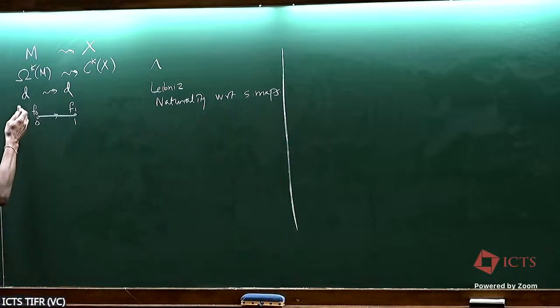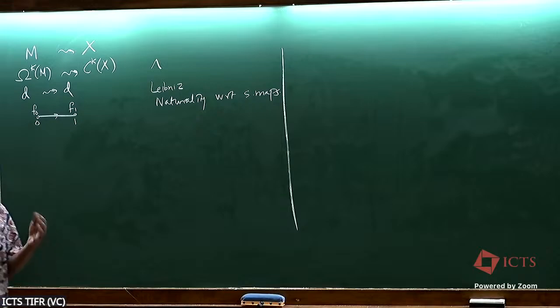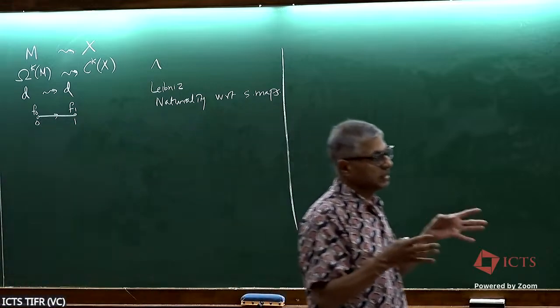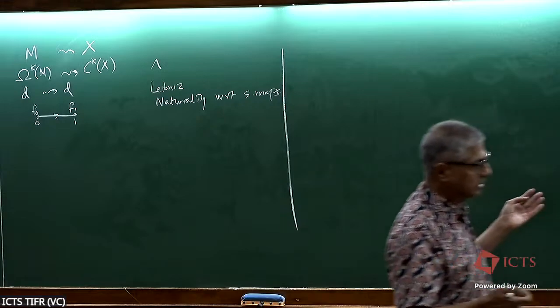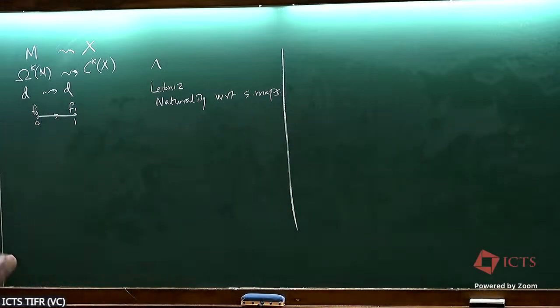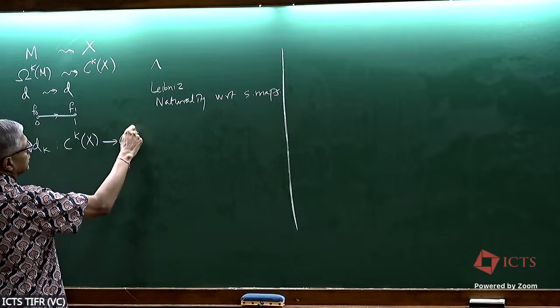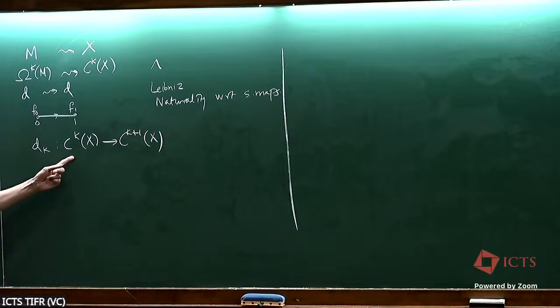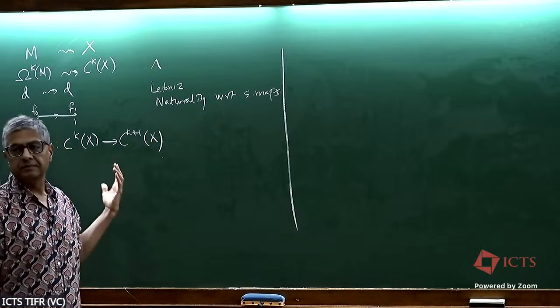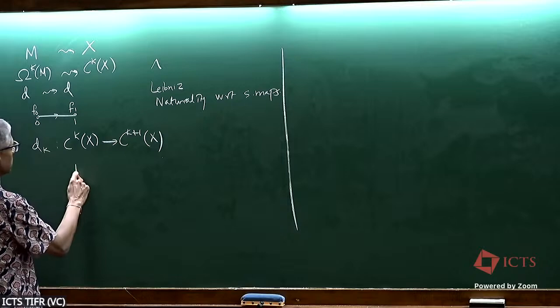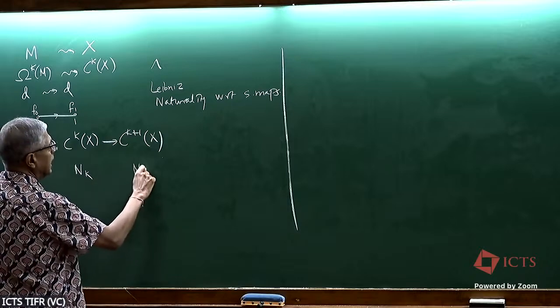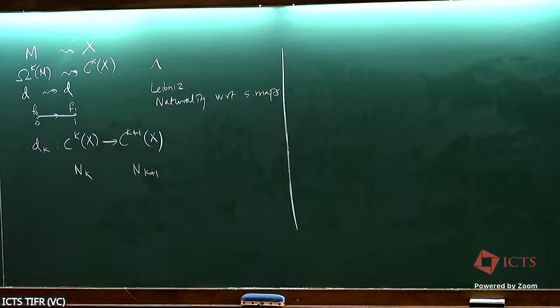So now, of course, we want to reduce everything to linear algebra eventually, so we'll have matrices. For example, d will be represented as a matrix in the programs. Let's say d goes from k-cochains to (k+1)-cochains. This is just an ordinary real vector space. Let's say you have n_k number of k-simplices and n_(k+1) number of (k+1)-simplices.